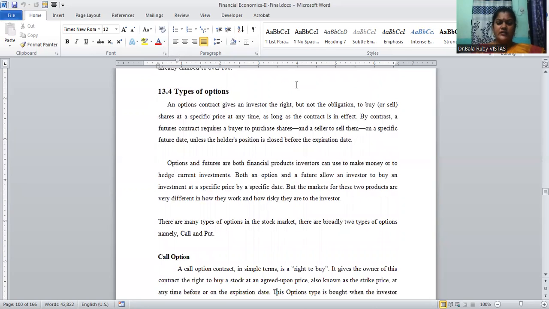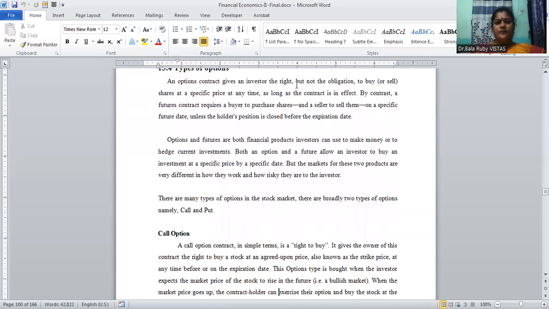Options and futures are both financial products investors can use to make money or to protect current investments. Both an option and a future allow an investor to buy an investment at a specific price by a specific date.